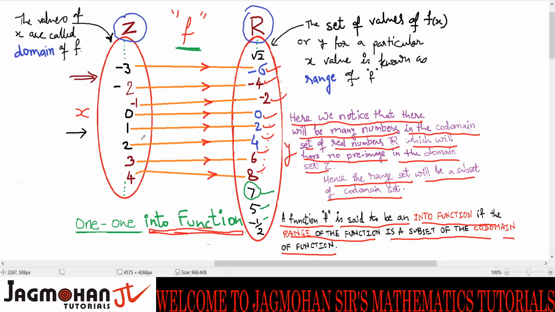Further, as you know, y equals 2x is a 1-1 function. Why? Because every element in the range set has one and only one pre-image in the domain set. This completes 1-1 onto function and 1-1 into function.